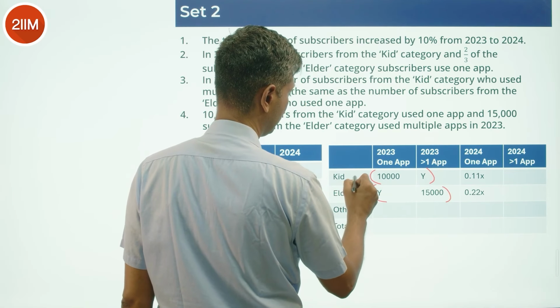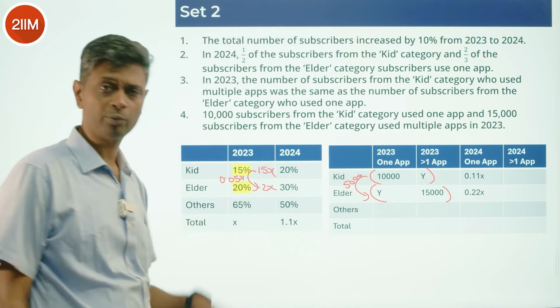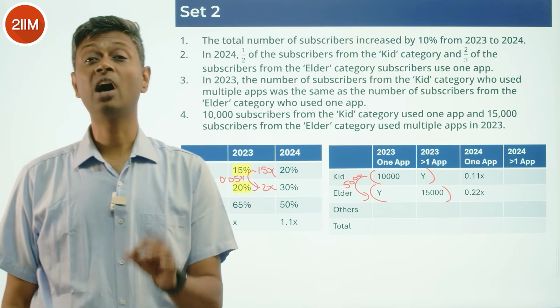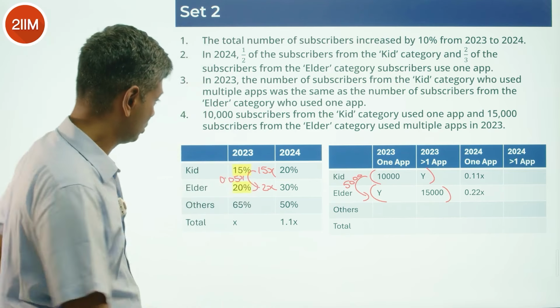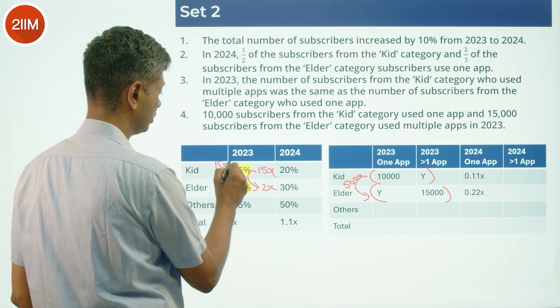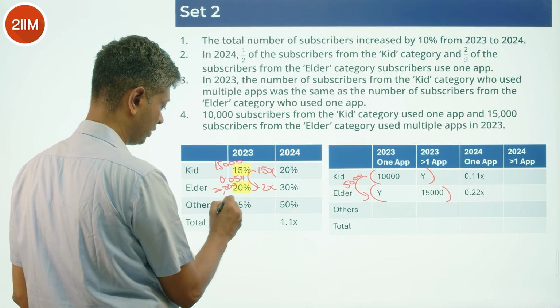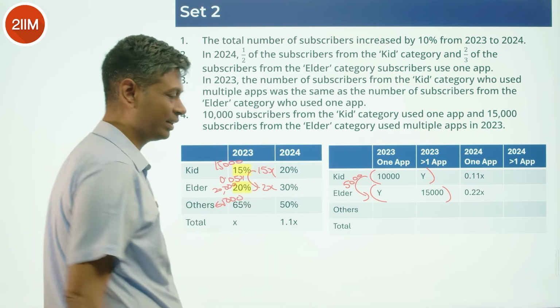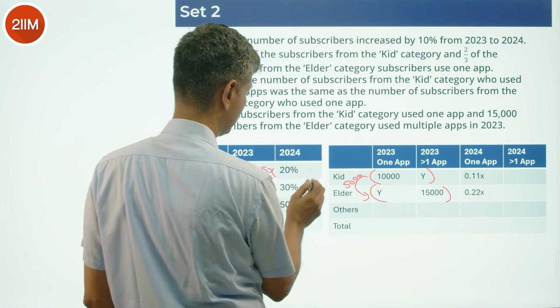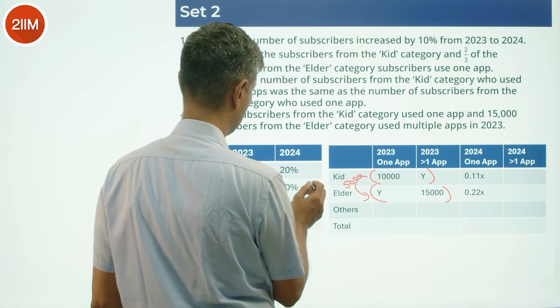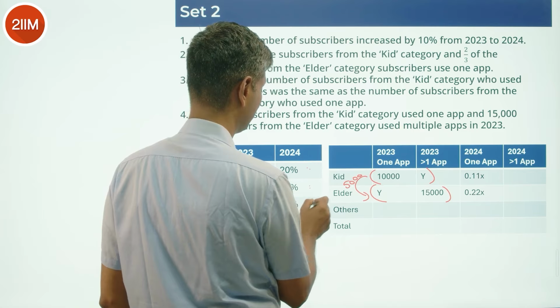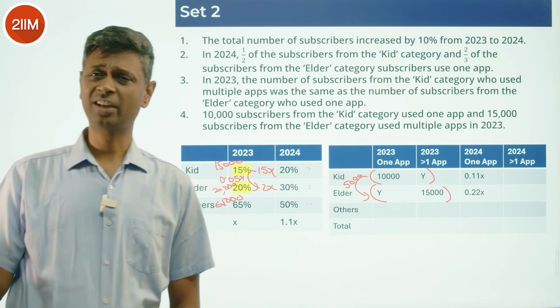Here to here, increase is 5,000. 5,000 is 0.05x, or x is 100,000. So this total is 15,000, this total is 20,000, this total is 65,000. You can fill everything else. This is 22,000, 33,000, 55,000, sorry. And everything else can be filled in after this.